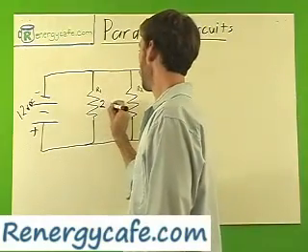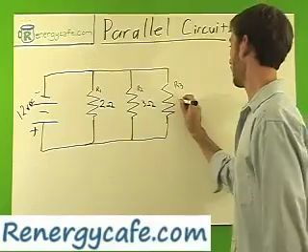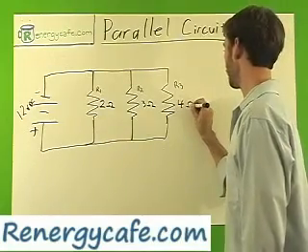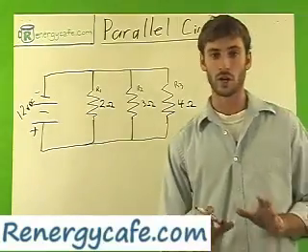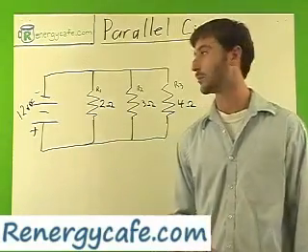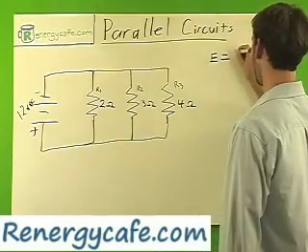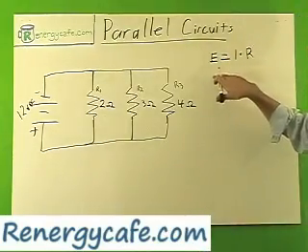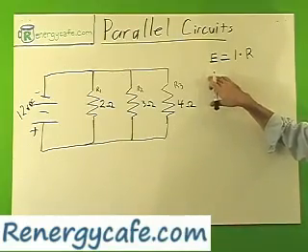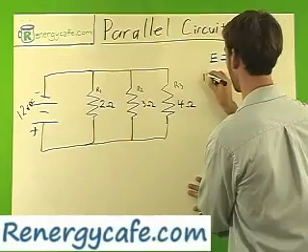Now let's give these some values. Let's say that this is 2 ohms, this is 3 ohms, and this is 4 ohms. And let's plug them into our formula and work this out. E equals I times R. E in this case is 12 volts, and we know that's going to be pretty consistent.